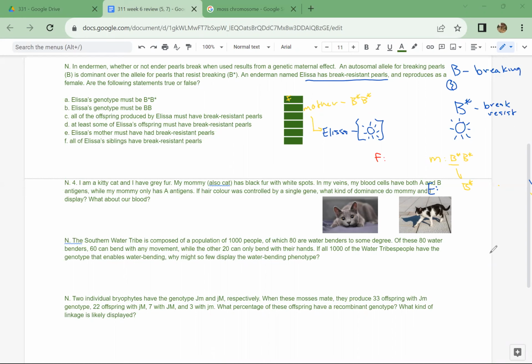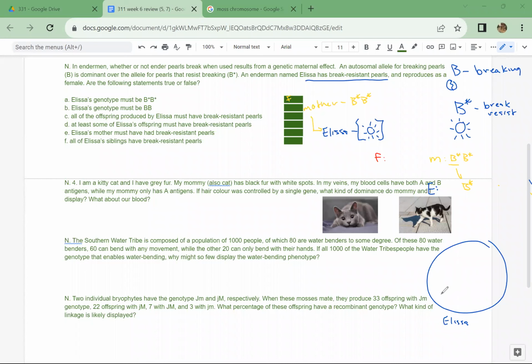Elisa has, pretending Endermen are animals in the way that we think of them on Earth, a cell. This is one of Elisa's somatic cells, let's say.